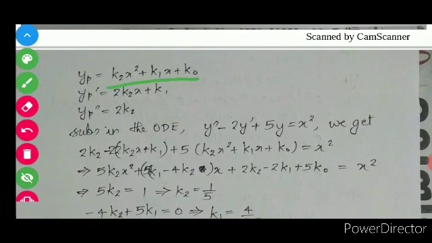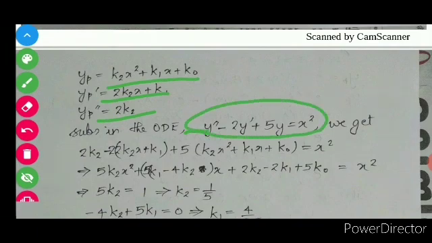So that should be the choice of yp. So yp dash is 2k2x plus k1, yp double dash is 2k2. Now substitute all those in the given differential equation. The given differential equation is y double dash minus 2y dash plus 5y equal to x square. So substituting, you will get yp double dash minus 2yp dash plus 5yp equal to x square. That comes out like this.